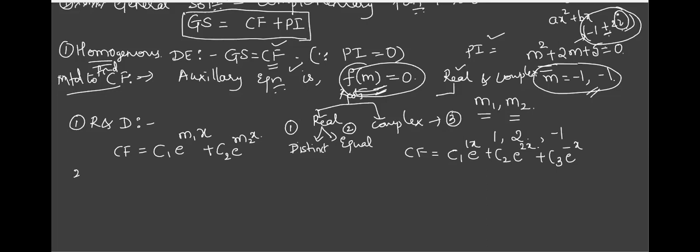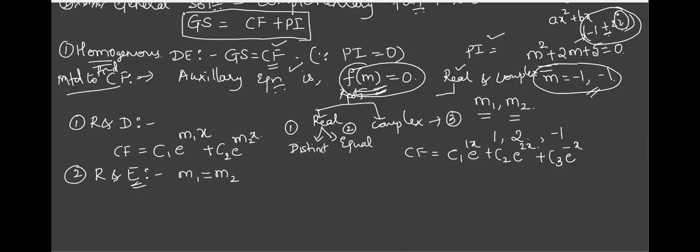Now, second case. You may get them as real and equal, like -1 and -1. Suppose m1 and m2 are real, and if they are equal, so what happens? m1 is equal to m2, yes or no? Yes, it is equal.